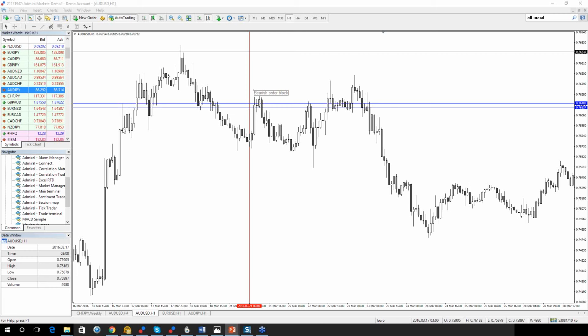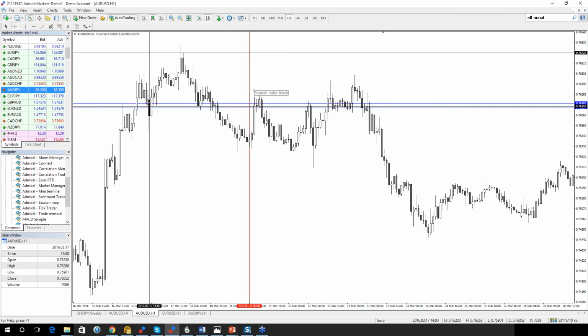How I usually call it is breakout retest, because the 3 lows of these candles are actually retests of this high. The high, 1, 2nd, 3rd. 3 retests of this high. All went up. This was not a false breakout here, because we cannot say it's a false breakout.